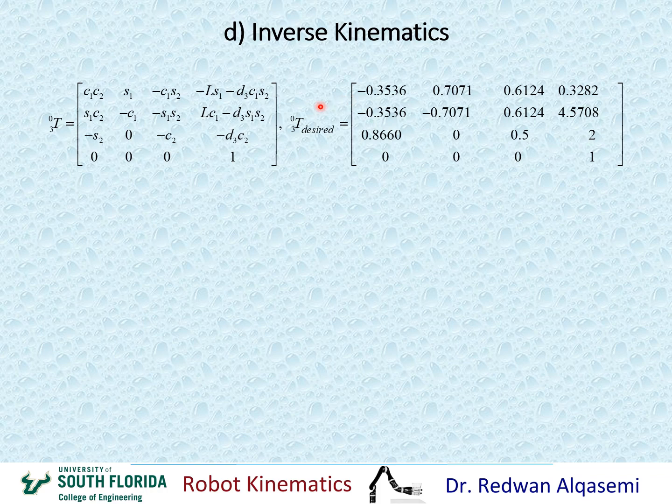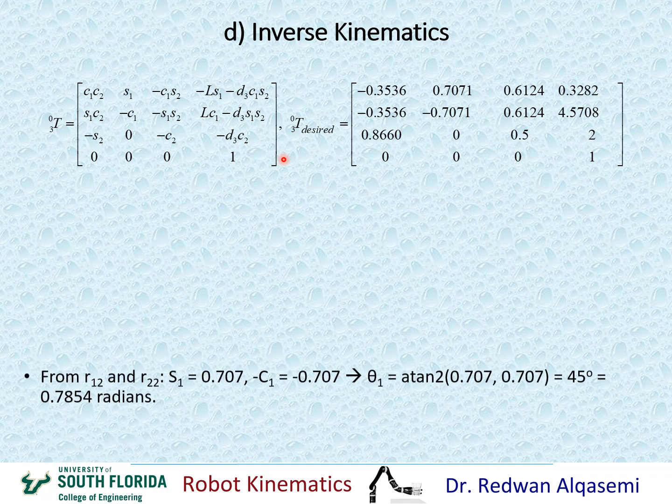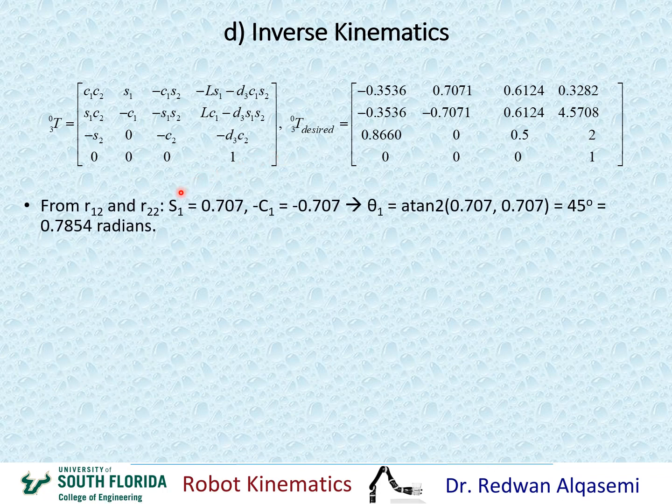All we have to do for inverse kinematics is try to find equations that we can equate some elements from here to some elements from here, and then solve these equations to find theta 1, theta 2, and d3. Let's look at the first couple of elements.